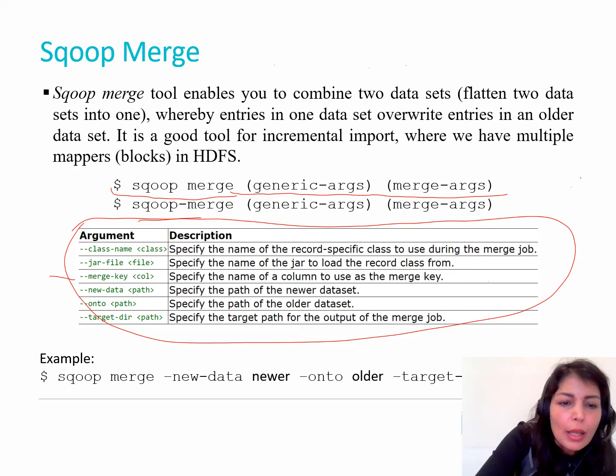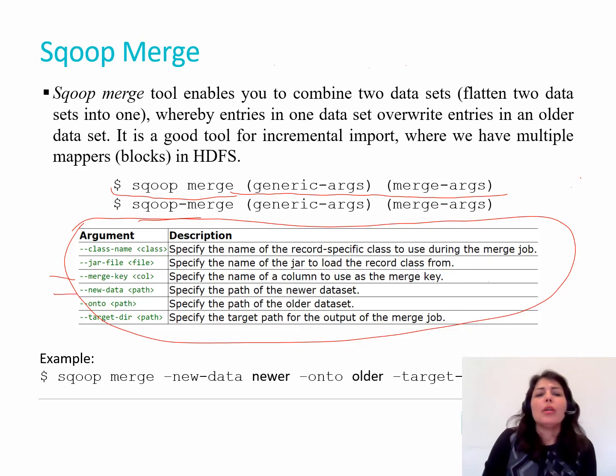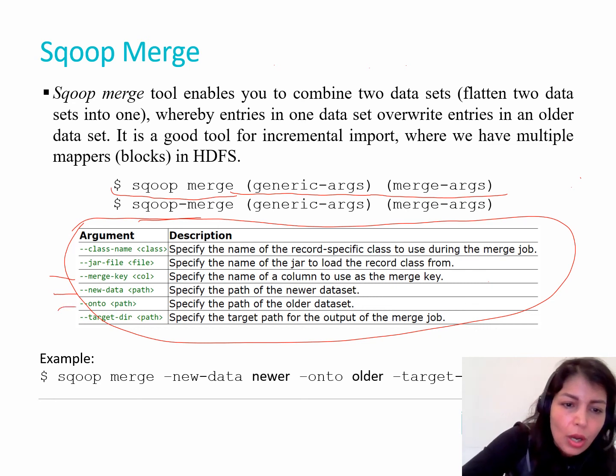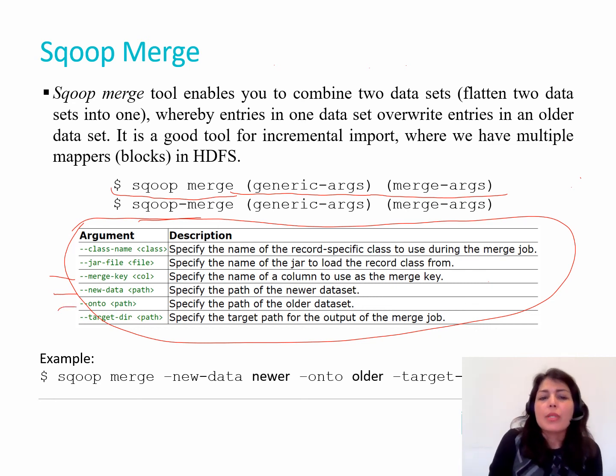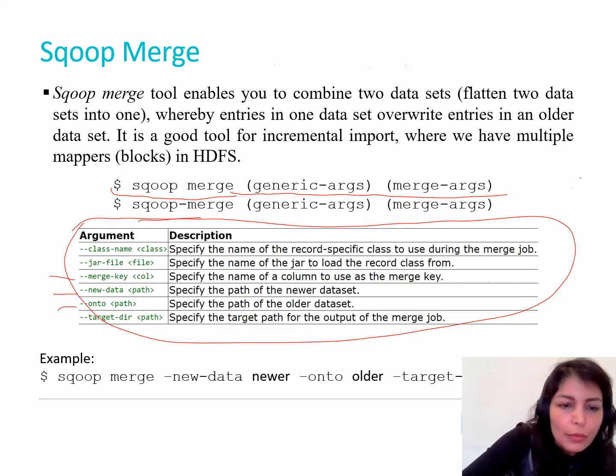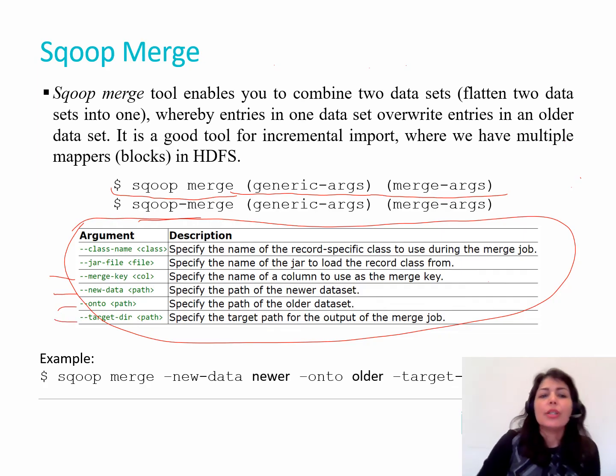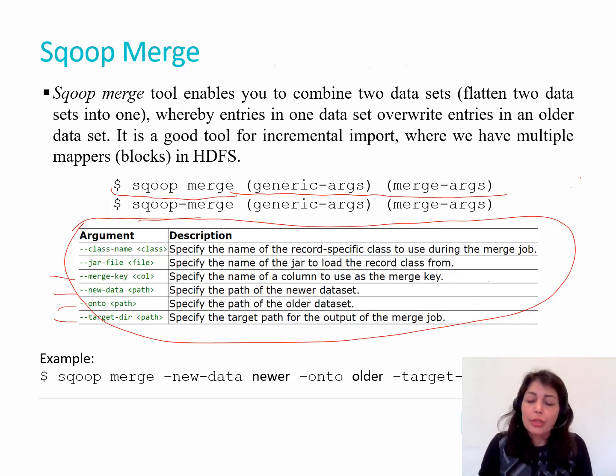New data specifies the directory of the newer dataset, and onto specifies the directory of the older dataset. And of course, the target directory specifies the final directory, the directory of the final dataset.